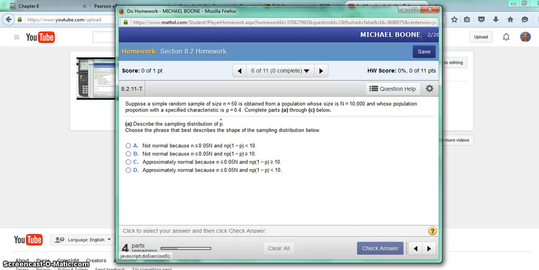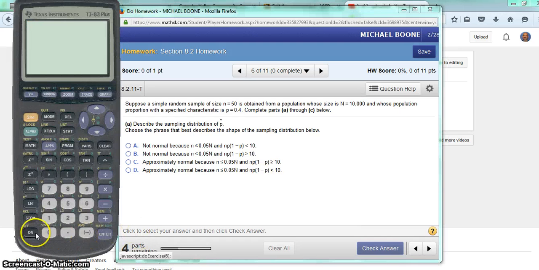So if we have a population of 10,000 and we multiply it by 5%, that's 500. We have a sample size of 50. That's less than 5% of the population, so that's the first condition met.